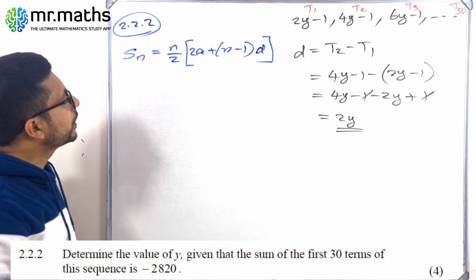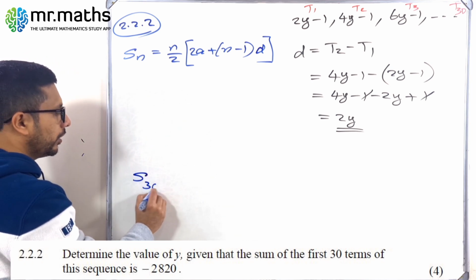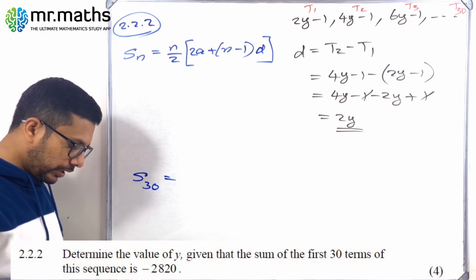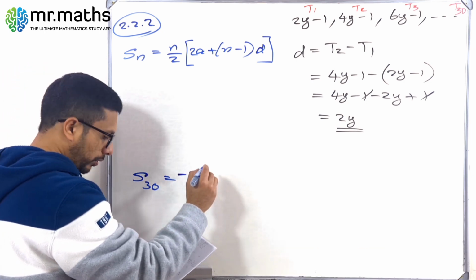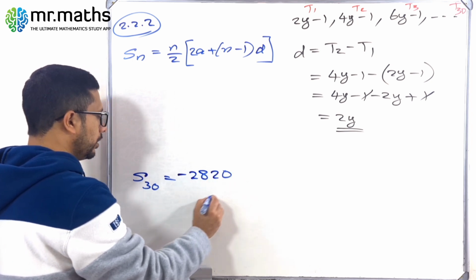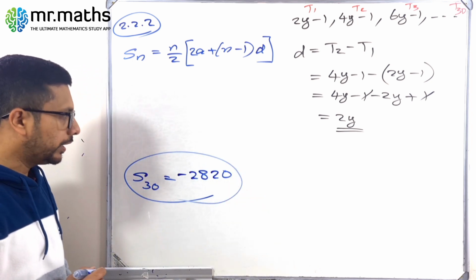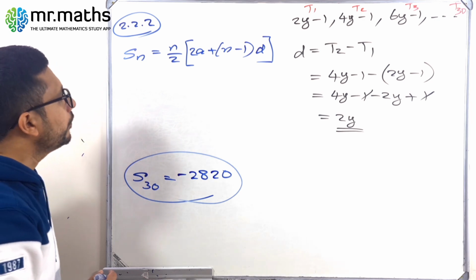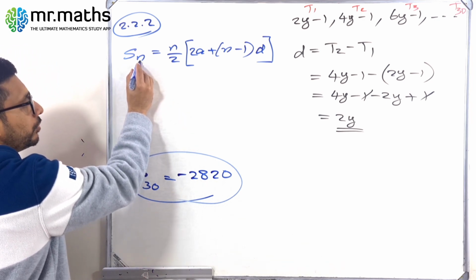Okay, so here when it is S30, it is given that the sum of the first 30 terms is minus 2820. So it is given that this S30 is minus 2820. Anyway, we can substitute the value of n as 30.